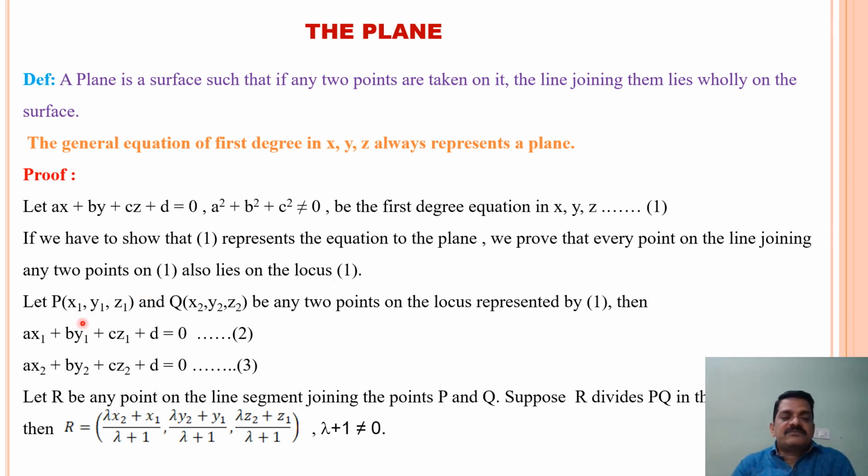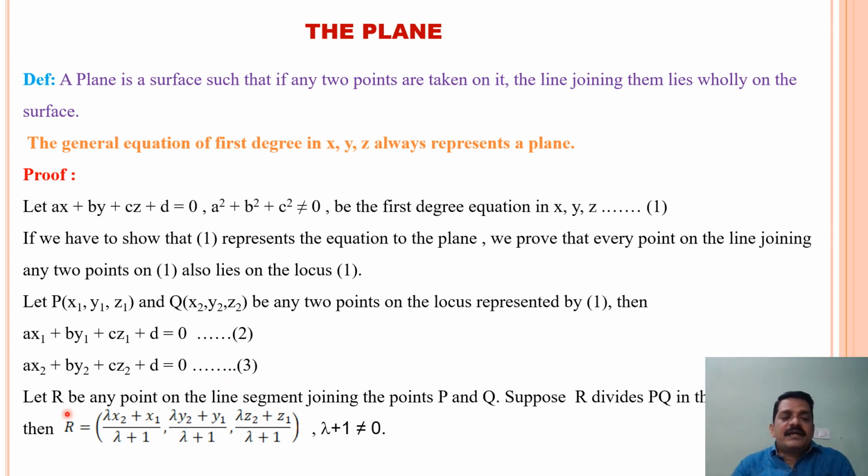Let P(x1, y1, z1) and Q(x2, y2, z2) be any 2 points on the locus represented by equation 1. Then ax1 plus by1 plus cz1 plus d is equal to 0, and for the second point Q(x2, y2, z2), ax2 plus by2 plus cz2 plus d is equal to 0.